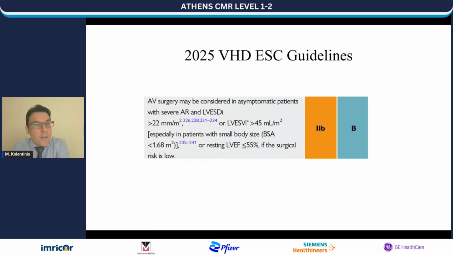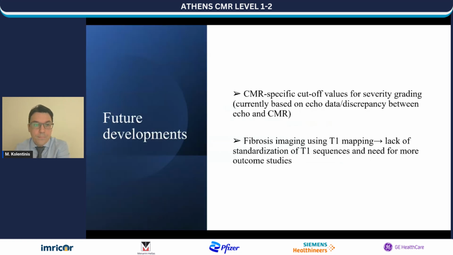Some recent developments, the recent ESC guidelines for valvular heart disease have integrated, as I mentioned earlier, left ventricular end-systolic volume for aortic valve assessment in asymptomatic patients, but it's not very well documented and studied. Future developments.